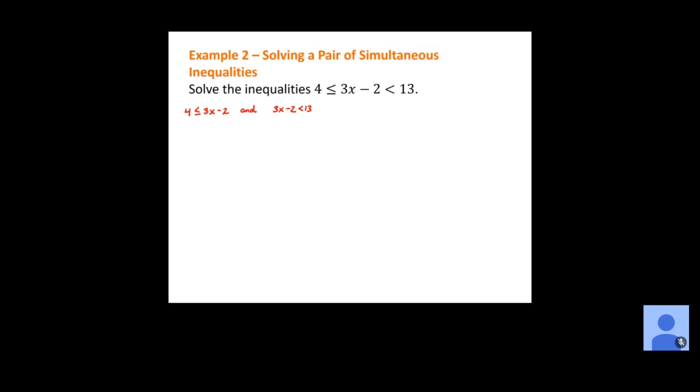The signs don't switch or anything. It stays exactly as is, but it becomes an and statement because now both of these inequalities have to be true for that original compound inequality to be true. Now, I'm going to show you we can actually solve this simultaneously by just doing the same thing to all 3 parts of our inequality.